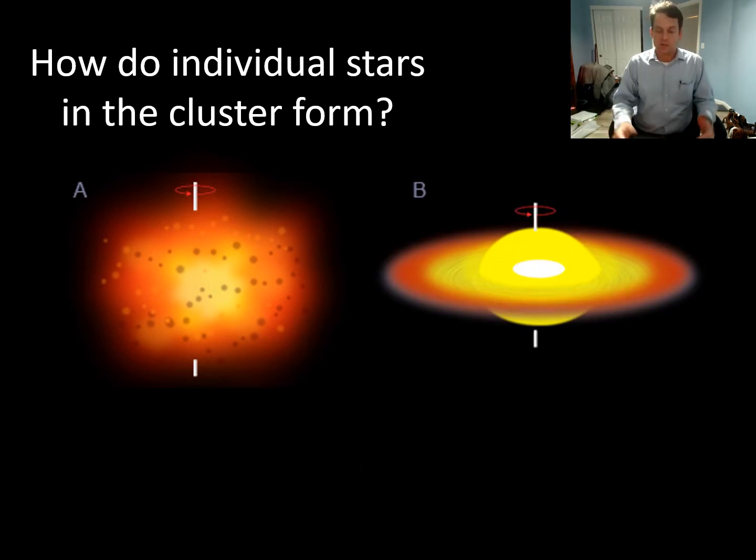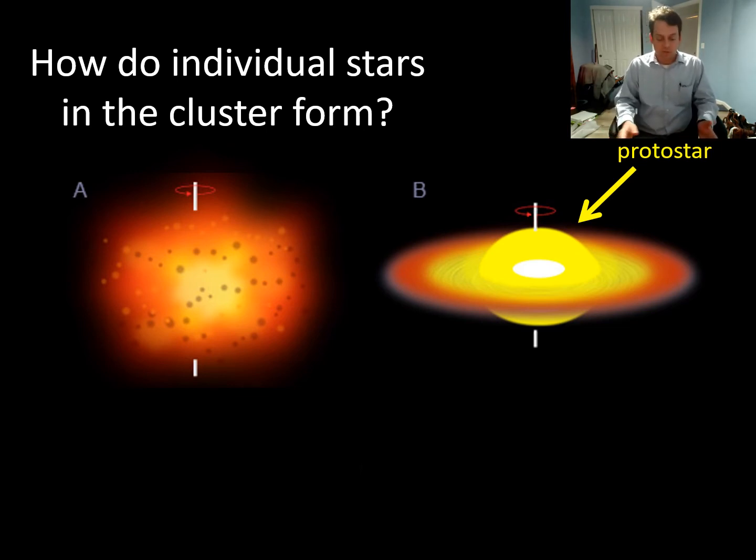And it turns out that things that rotate tend to flatten too, at least if they're not solid, right? Which this is not. And so what happens is that you get a central ball that forms, and then you get kind of a pancake, a circular disk that tends to surround that central mass. That central mass initially is known as a protostar.